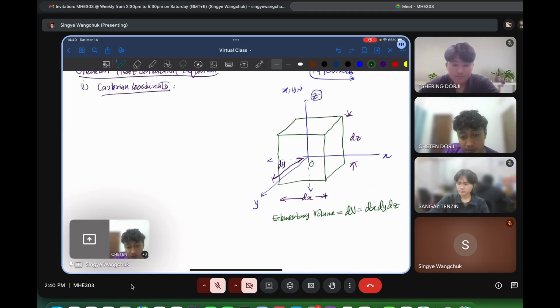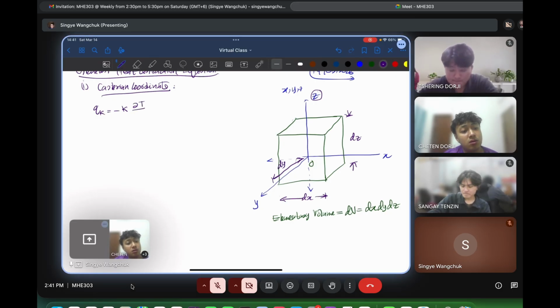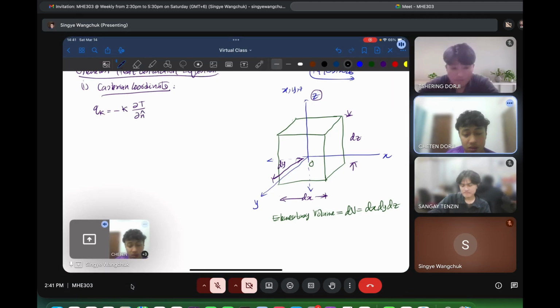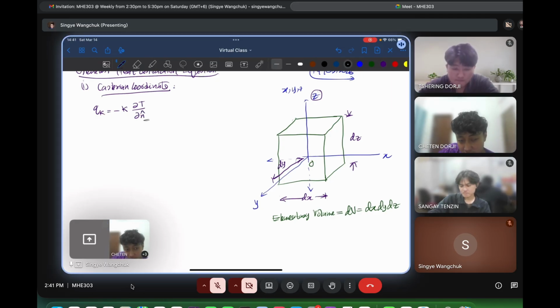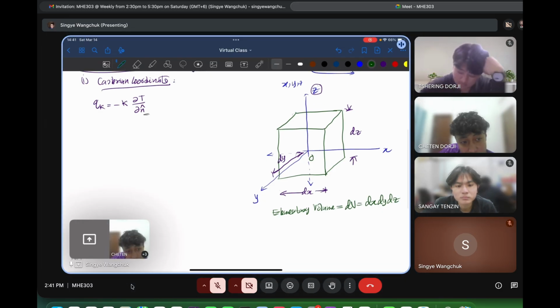Yes. Okay, now from Fourier's law, we have q_k equals minus k dT upon dn. You can use the general form, which is ∂T upon ∂n, so this can mean three dimensions. Here q_k is actually in watt per meter squared.